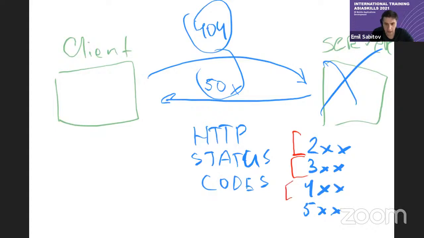If we have a status code in the 400s, like 404, 400, it's about a bad request and so on. It means that there was some problem in the request logic.